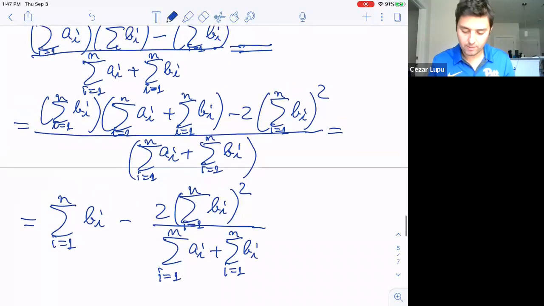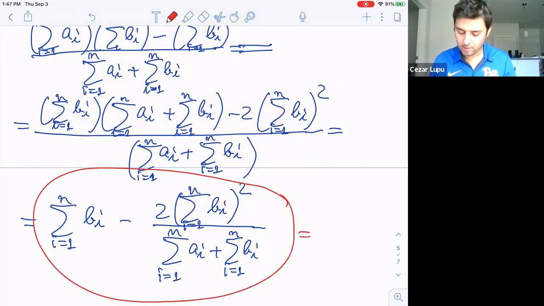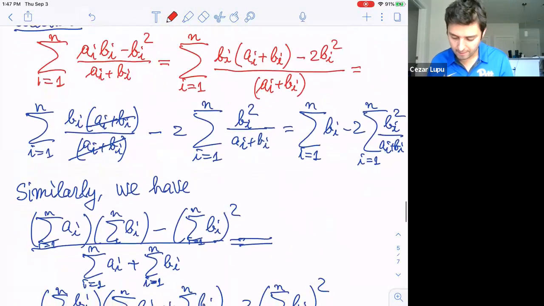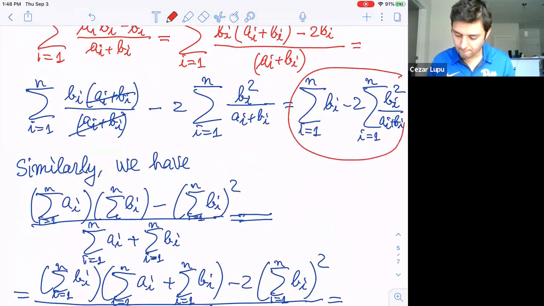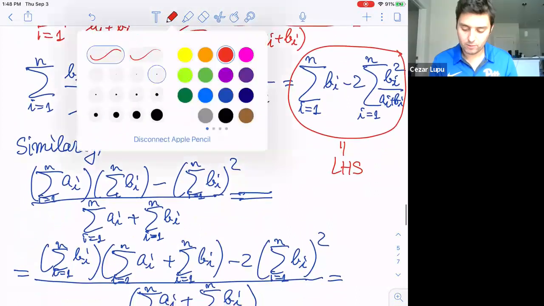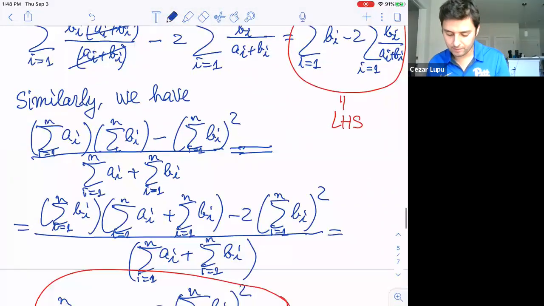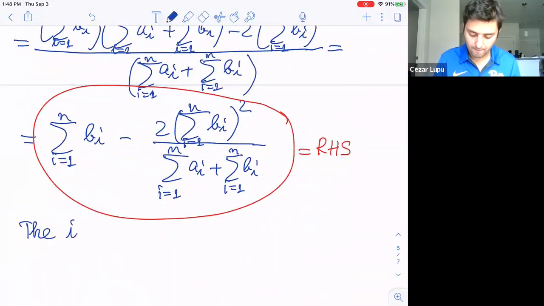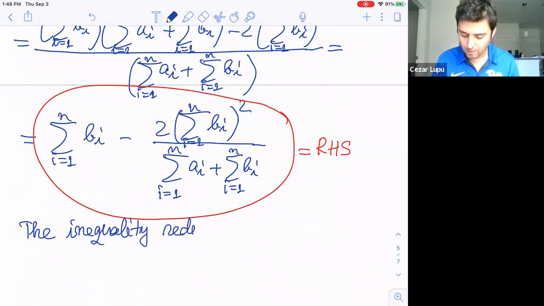And now let's put everything together. So this guy is the right-hand side, and this guy here is the left-hand side. The inequality reduces to what?